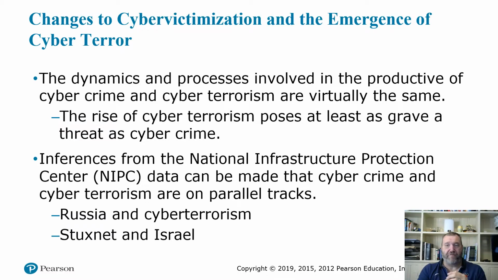The National Infrastructure Protection Center made the case that cybercrime and cyber terrorism are on parallel tracks. Okay, so you look at Russia and the cyber terrorism. You've got the Internet Research Agency over in Russia, APT27, APT28, that are doing very specific computer crime related things. They are very much going out.